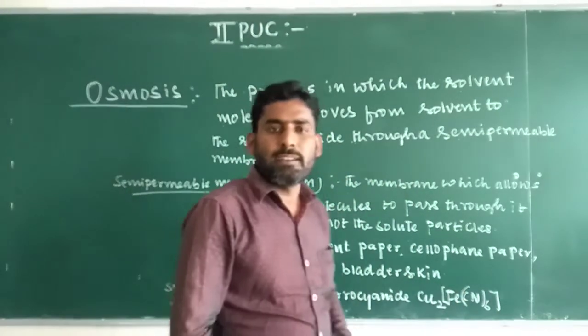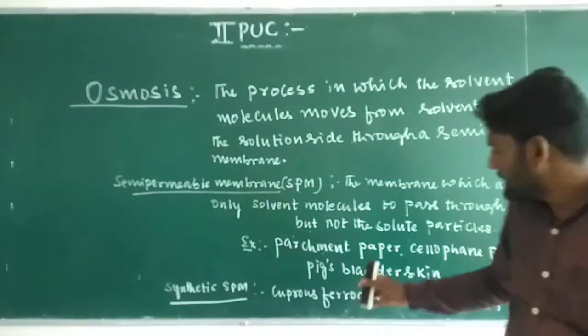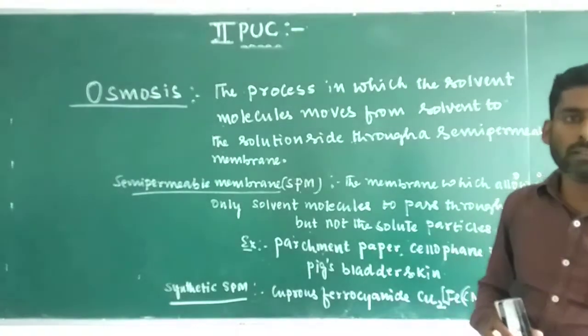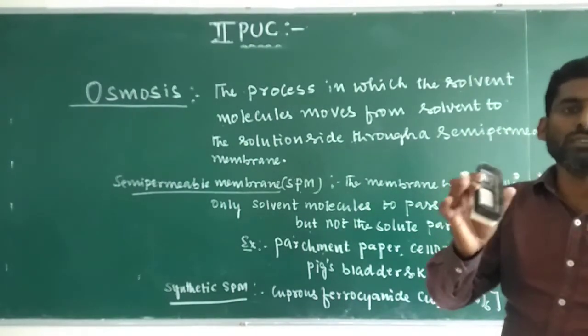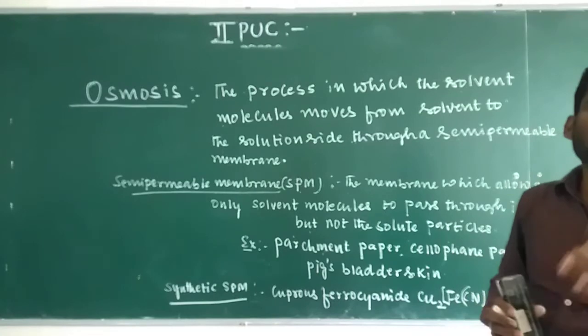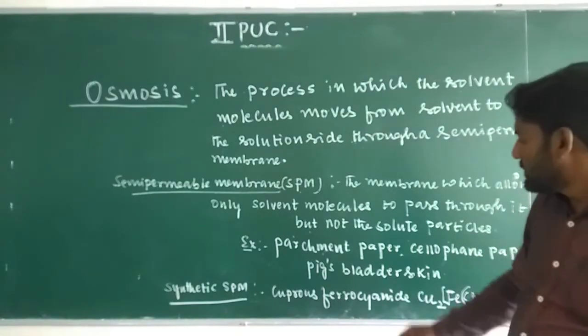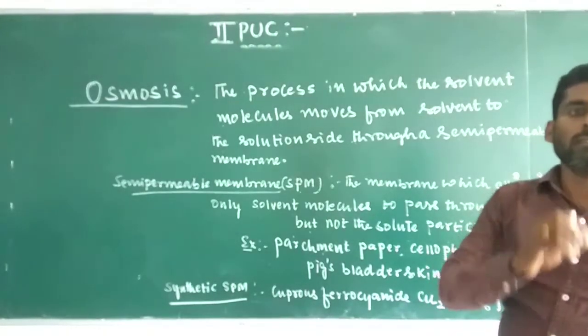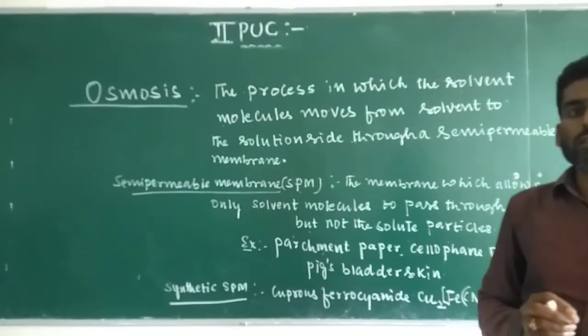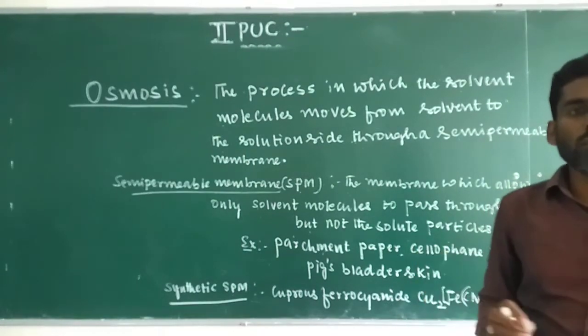Cuprous ferrocyanide is called the synthetic semi-permeable membrane, which is highly efficient for the osmosis process, because it allows only the solvent molecules to pass through it, but not the solute particles.